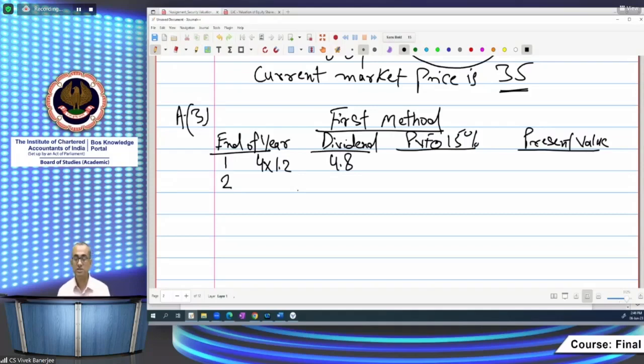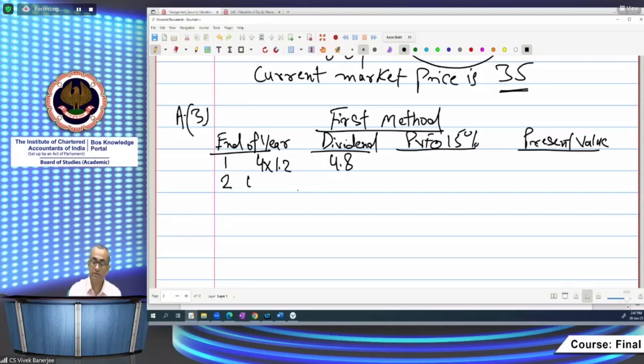So this is the dividend at the end of the first year. 4 is the dividend at the beginning of the first year, which is given in the question. So if we multiply 4, the dividend at the beginning of the year, with the growth rate of 20%, the estimated dividend at the end of the first year is 4.8. Now we will calculate the dividend at the end of the second year.